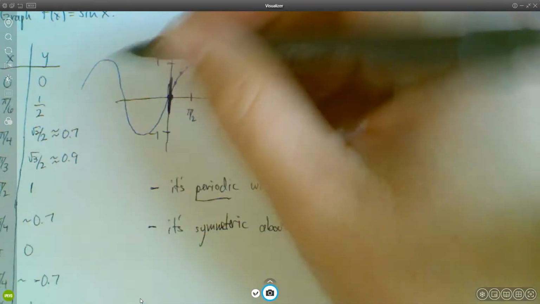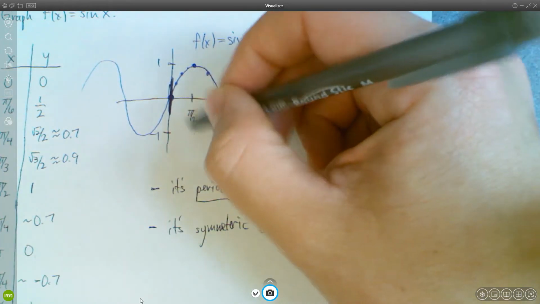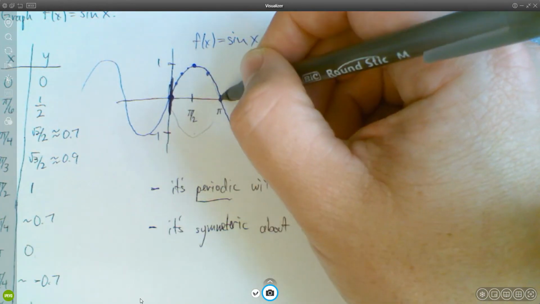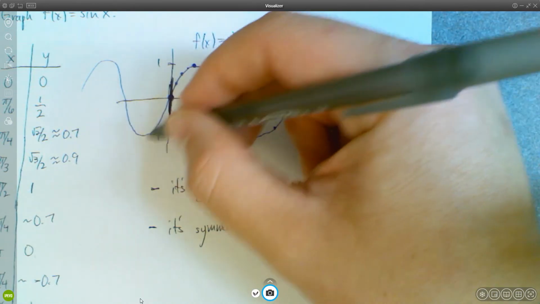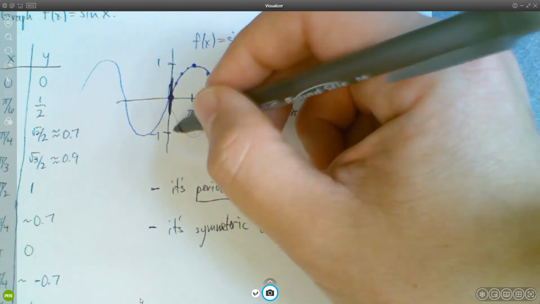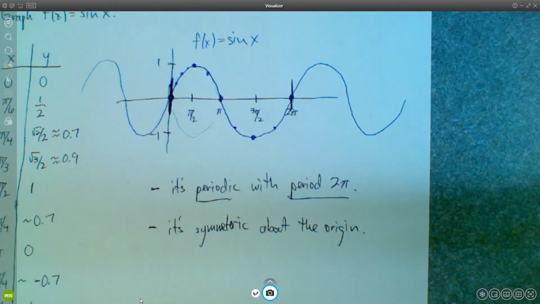So imagine just taking this hill here and flipping it over. Now it's a hill going this way, right? And then you flip it over this way and it matches up with this hill right there, or I guess this pit, right? So that's what it means to be symmetric about the origin.